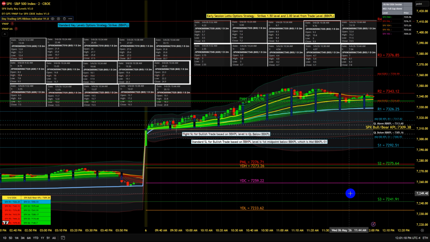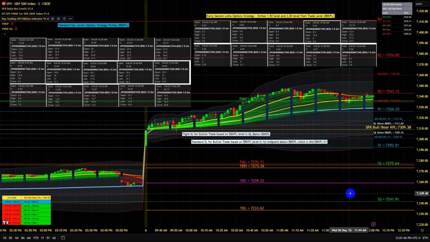Okay, so in today's video, we're not going to go through every aspect of how this indicator works. We're going to run through the trades and the two different trading strategies. One is the standard key levels options trading strategy, and the three different strikes that are available for it, under the standard daily key levels trading strategy for either bullish or bearish entries off of any main key level or contextual level.